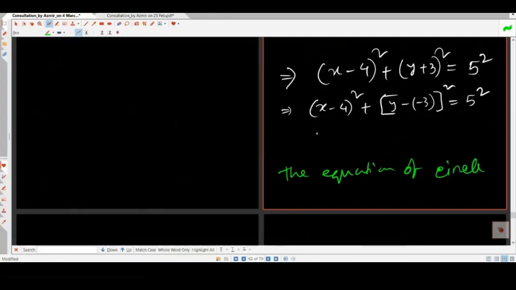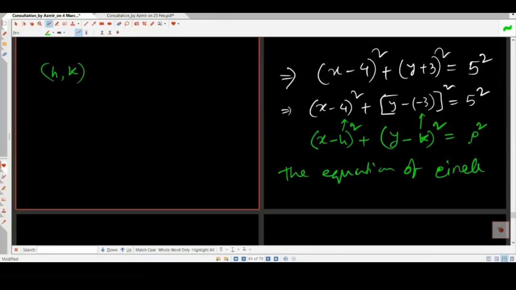Because we know that (x − a)² + (y − k)² = 5², that is the radius squared. Let's say ρ². So now we can easily understand the values of a and k. (a, k) is the center.